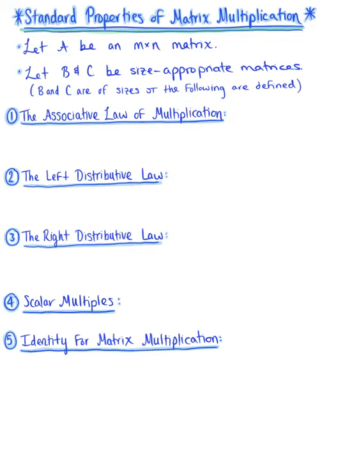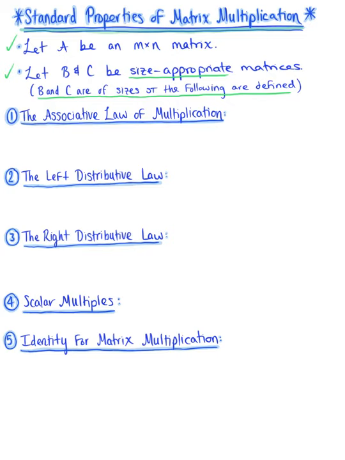So here, we are going to let A be an m by n matrix. And we also want to go ahead and let B and C be size-appropriate matrices. Now, when we say size-appropriate, what we mean is that matrix B and matrix C are going to be of a size such that the following properties are going to be defined.